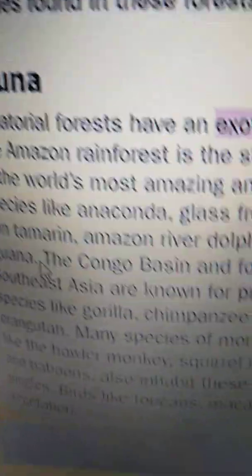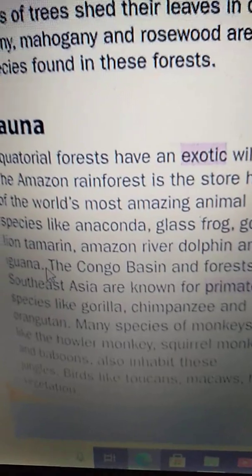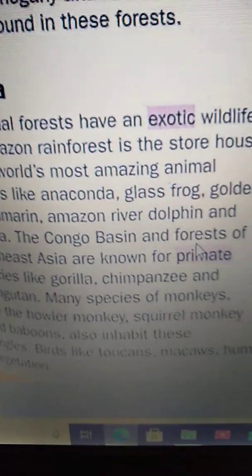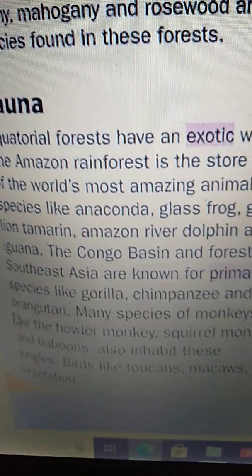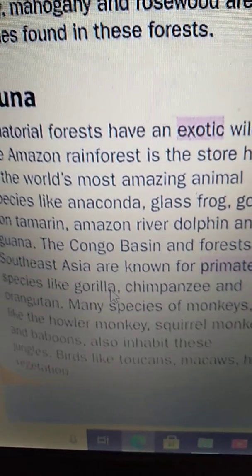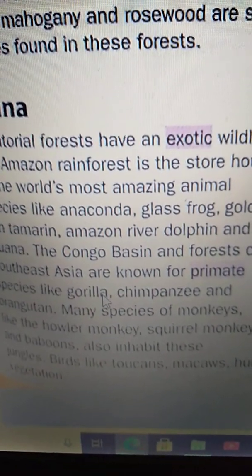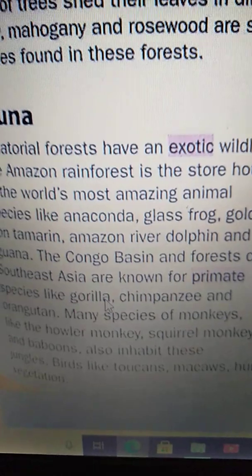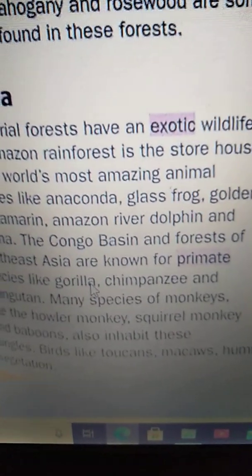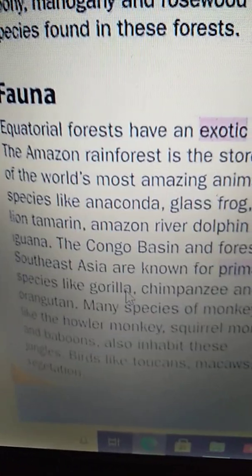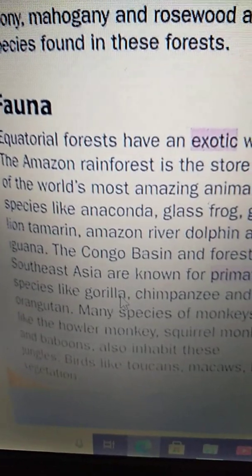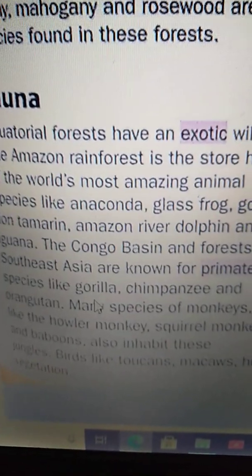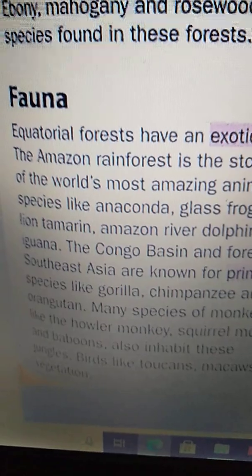The Congo basin and forests of Southeast Asia are known for primate species like gorilla, chimpanzee and orangutan. What is a primate? A member of the most developed and intelligent group of mammals, including humans, monkeys and apes.